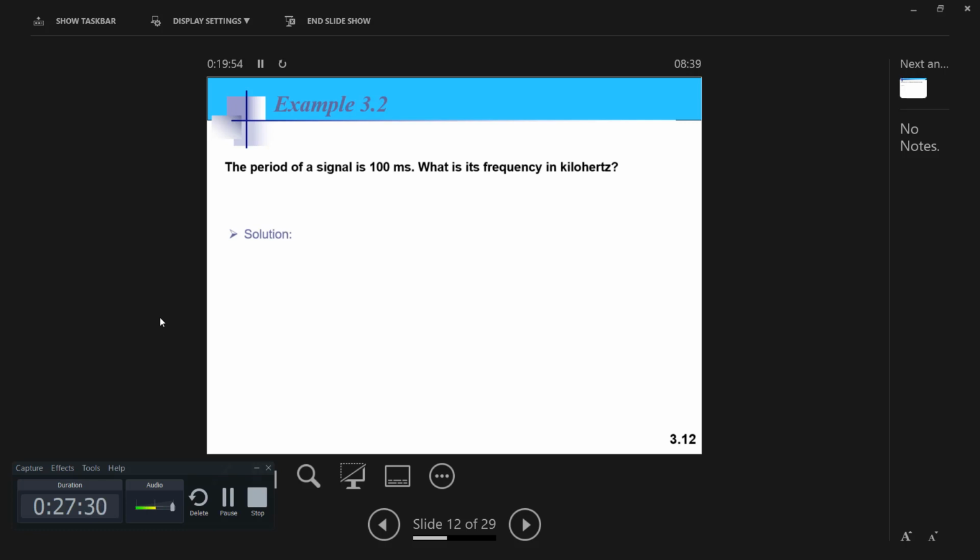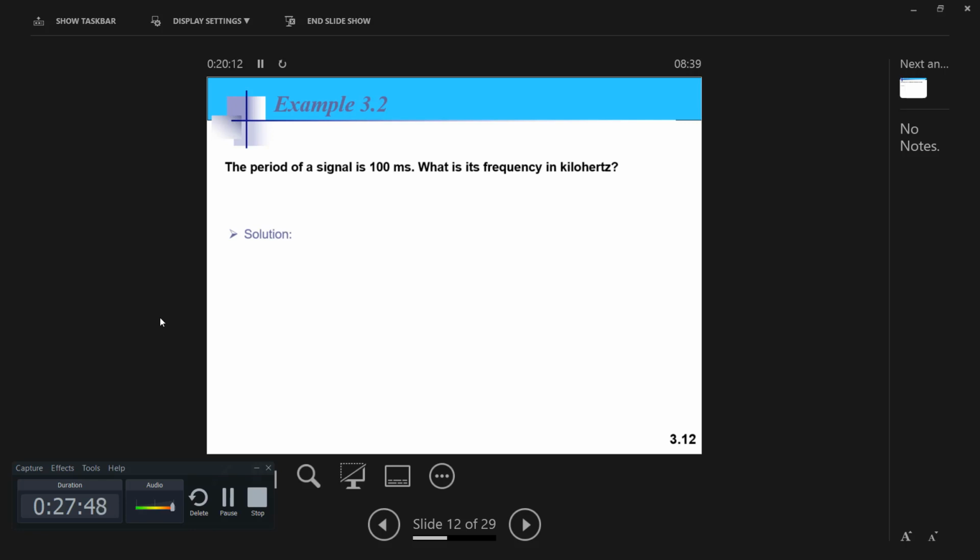We have two steps to change the units. The time is in milliseconds, so we have to change it to seconds, then calculate the frequency. But the frequency in this case will be in hertz, and we need it in kilohertz, so we have to make another change.